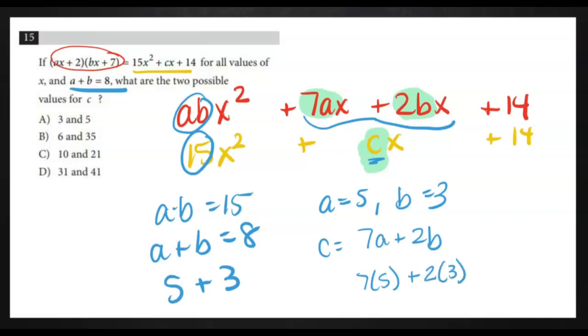What I'm going to get is 35 plus 6, which is going to equal 41. So here's my answer of 41, so I'm looking at answer choice letter D. Now, if you had done A as 3 and B as 5 instead, it still would have gotten you the correct answer.